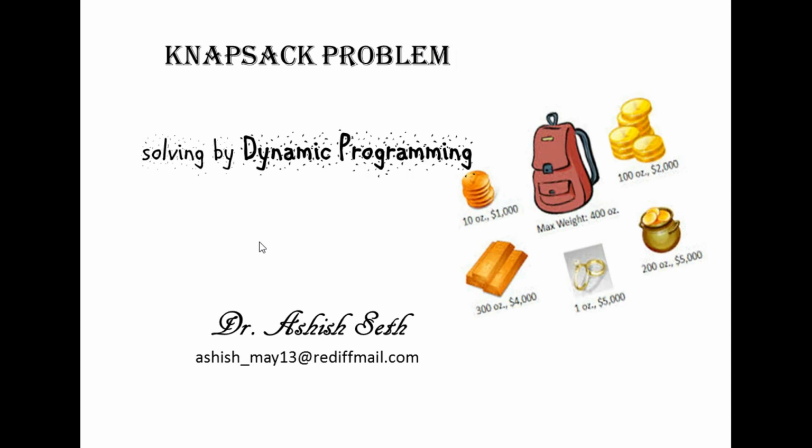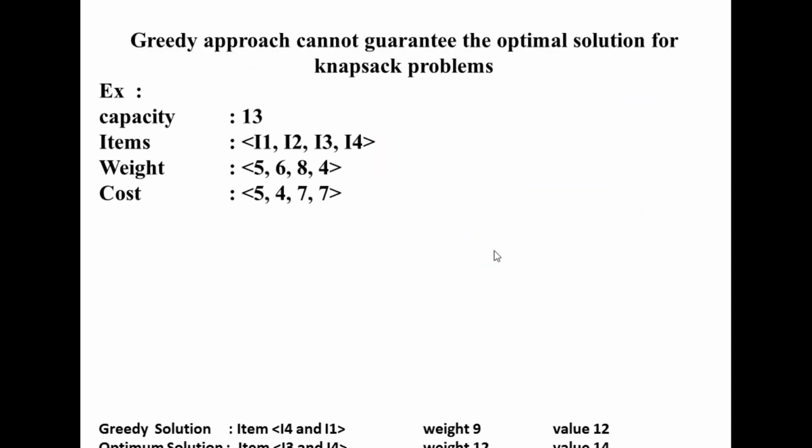And memorization is a concept where we use some memory, some storage, to store our intermediate results, and these intermediate results are used throughout the process to reduce the running time. So we will see how to apply this approach in solving the problems.